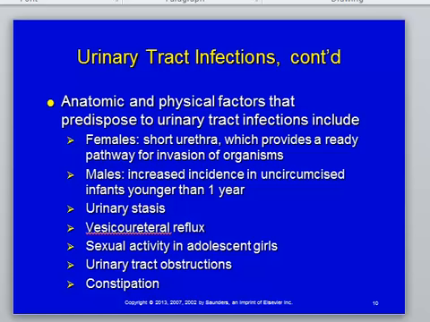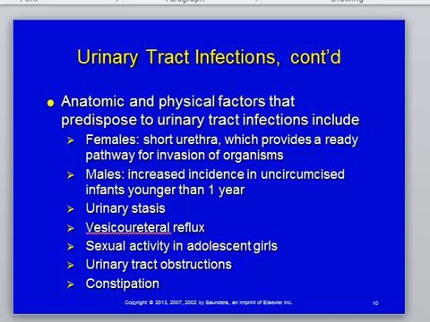This slide goes over some of the anatomical and physical factors that predispose to urinary tract infections, and they include being female because of the short urethra, which provides ready access for invasion by different types of organisms. In males, there's increased incidence in uncircumcised infants, especially younger than 1 year of age.